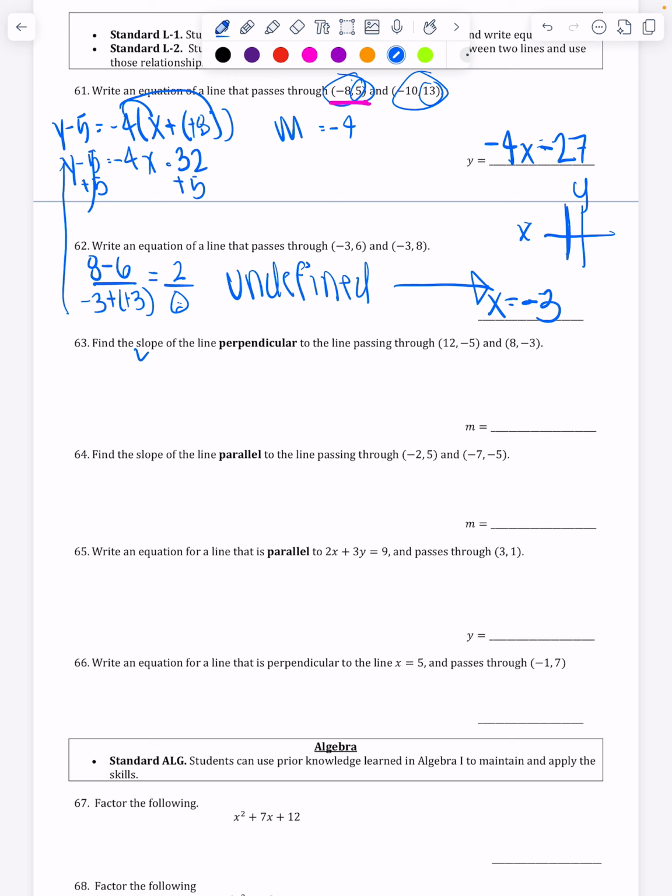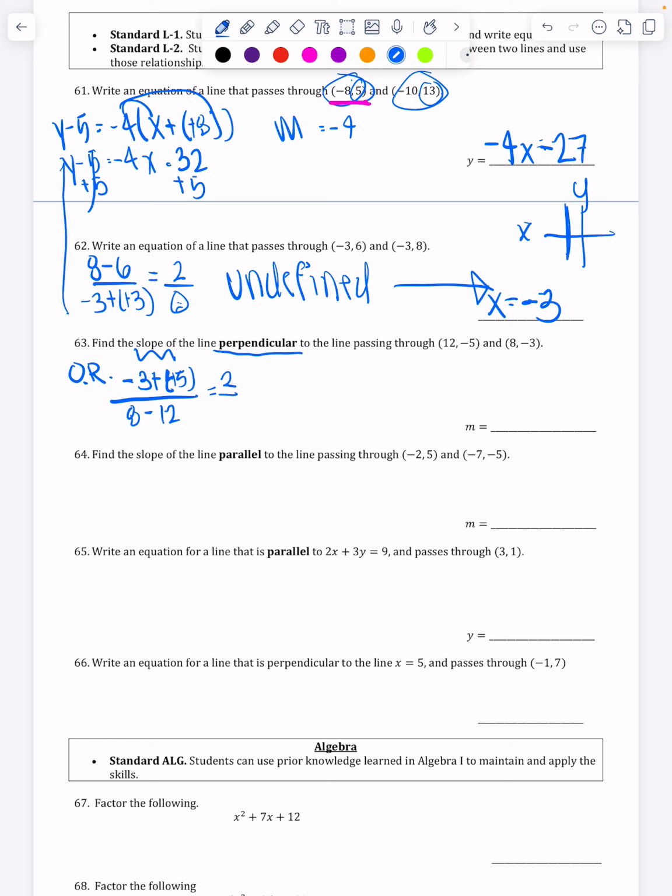All right, find the slope of a line perpendicular. So remember, that's going to be our opposite reciprocal. So I'm going to do -3 minus -5 over 8 minus 12. All right, well, two negatives become a positive. So I had -3 and a +5, which would be a 2.